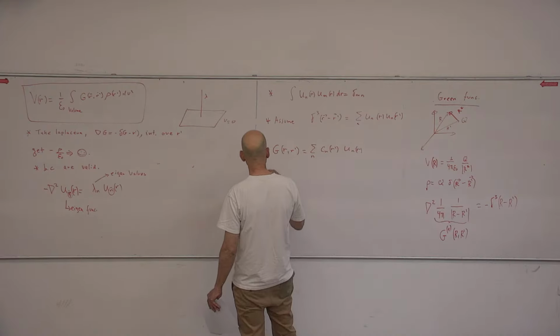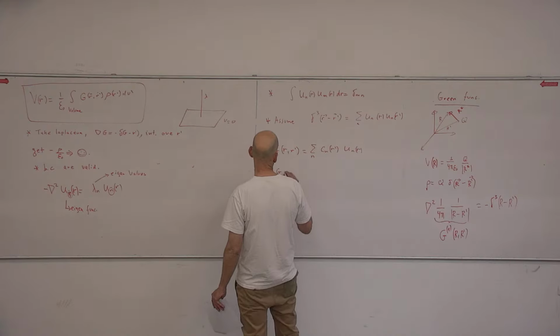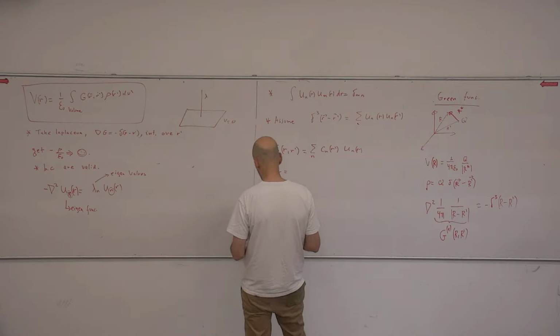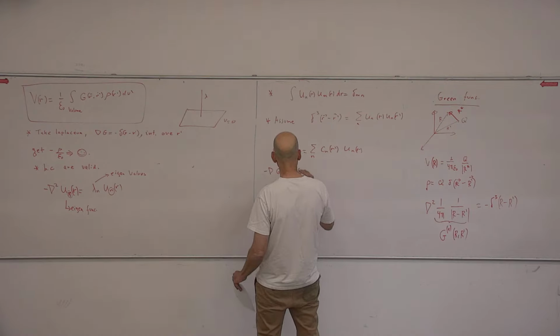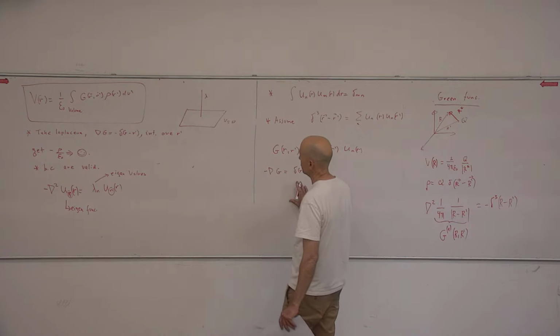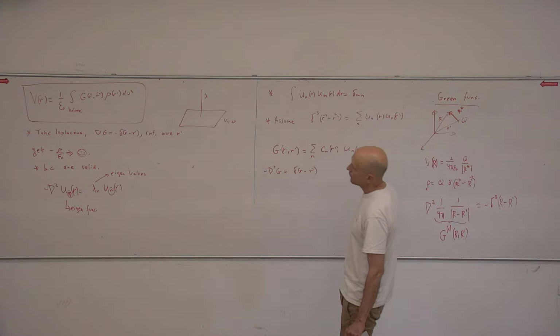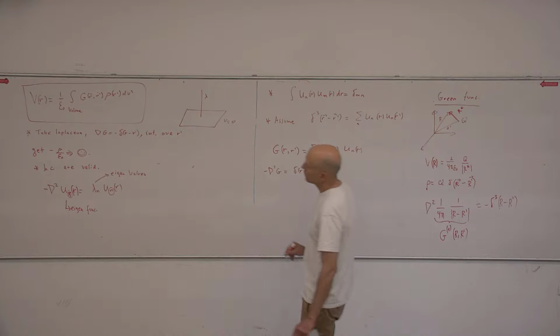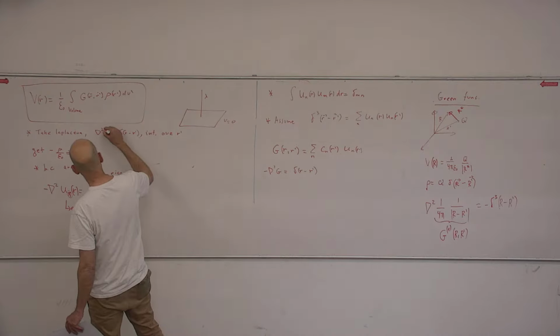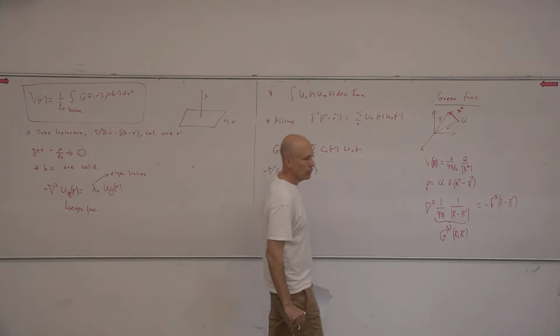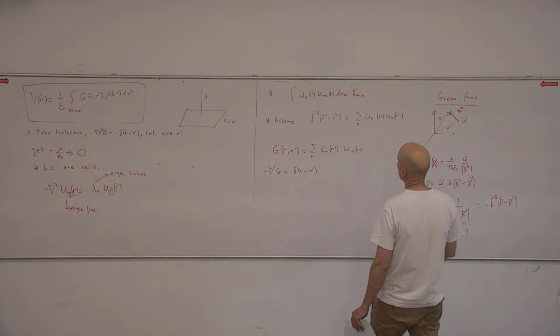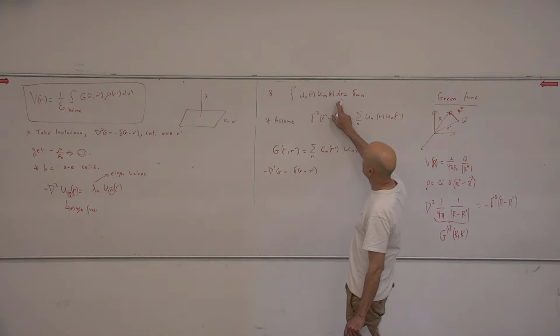But, okay, what do we know about G? We know that this G is equal to delta(r minus r'). This is the definition. I think you're missing normalization in the first equation. Here? Yes.